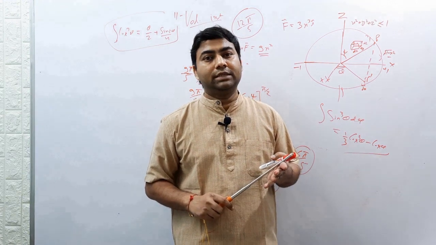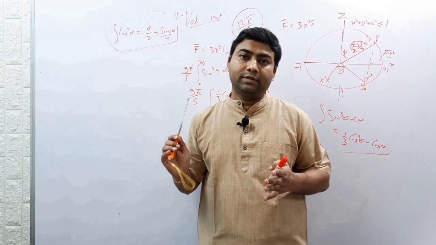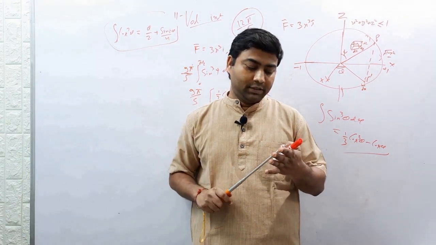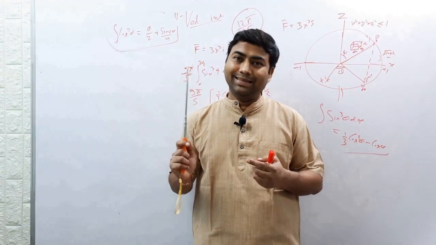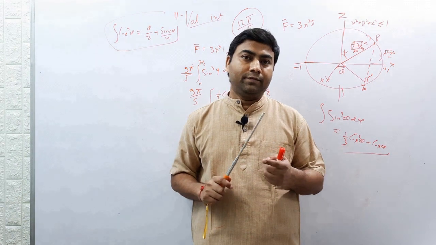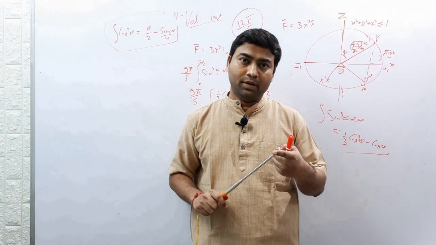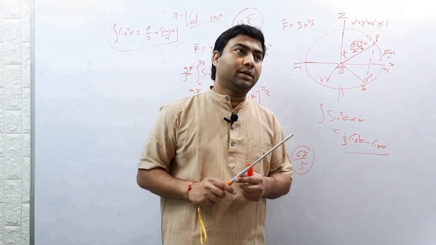Similarly, in short, we can say that by single integration we have successfully found line integration, surface integration, and volume integration. By single integration only, we have found line integration, surface integration, the flow problem, and volume integration, that is the divergence problem.